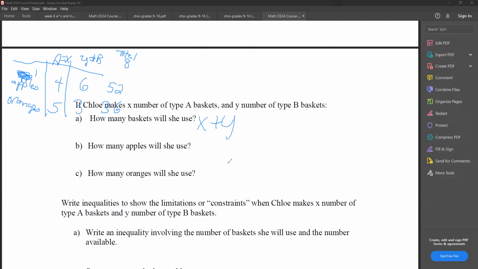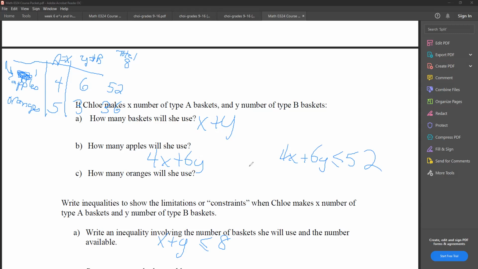Okay. Now, let's do the inequality. The baskets are going to be X plus Y, which I know has to be less than or equal to 8 because we have 8 total, right? How many apples will she use? Just read across the row here: 4X plus 6Y, which is less than or equal to 52, right?